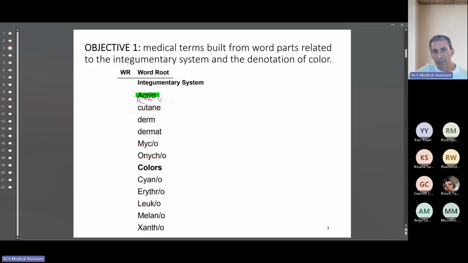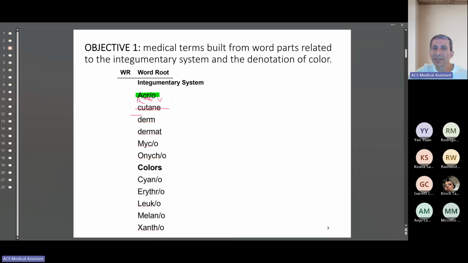Next one. Here we have cutane. Cutane comes from the word cutaneous, skin. So here this means skin, from cutaneous tissue. So that's basically what it is.